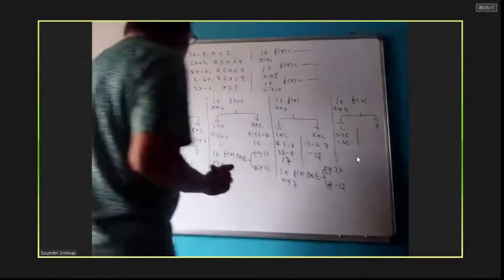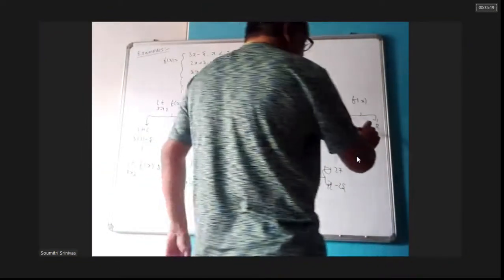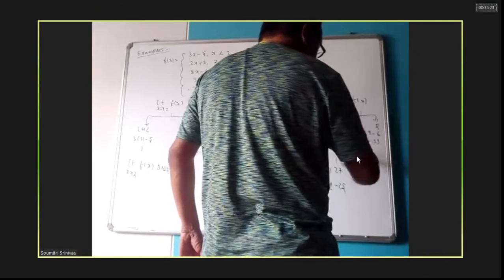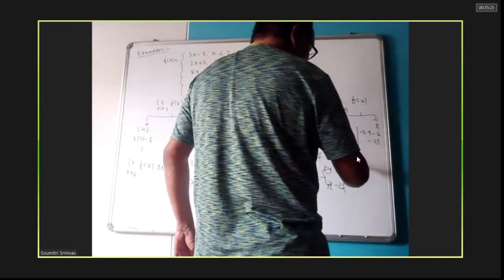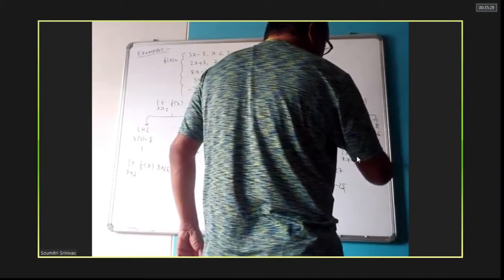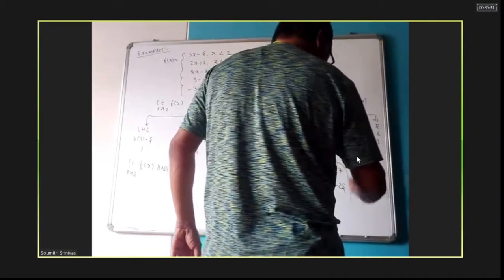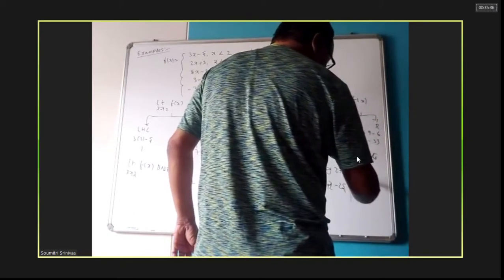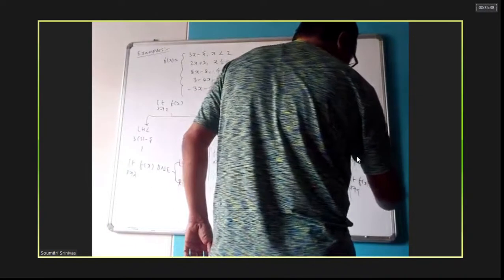What is the right hand limit? Minus 3 into 9 minus 6, minus 33. So the limit as x tends to minus 3 of f(x) exists and is equal to minus 33.